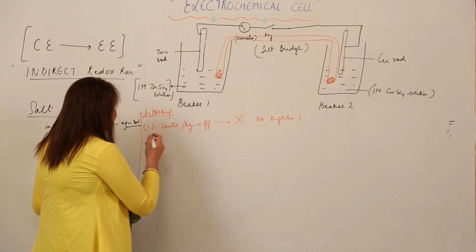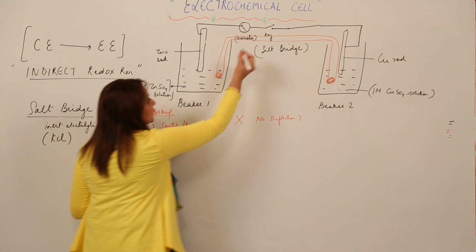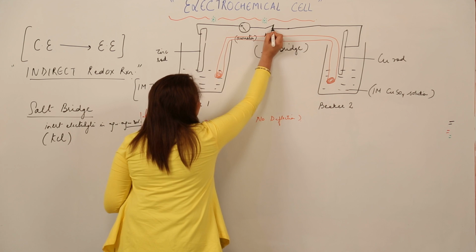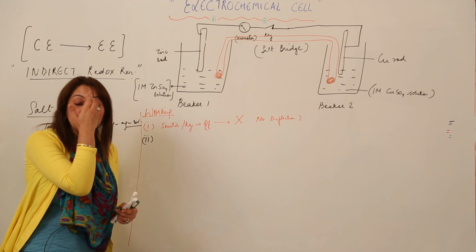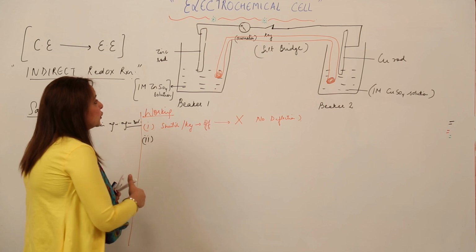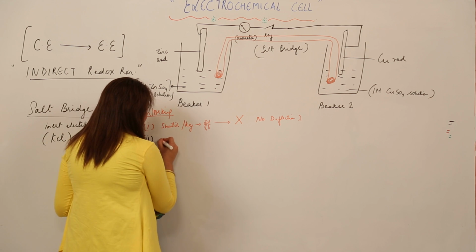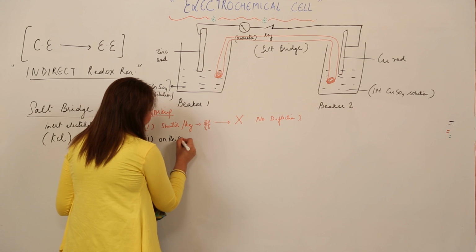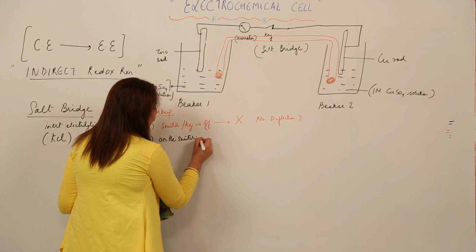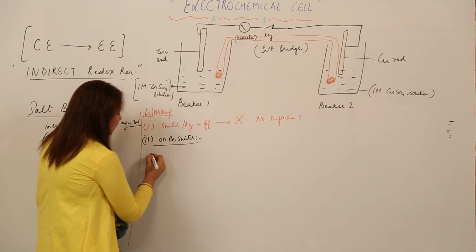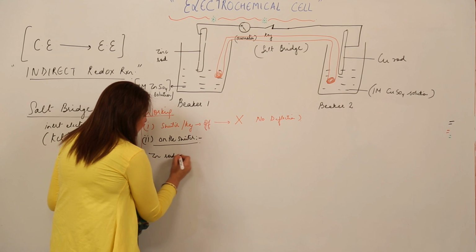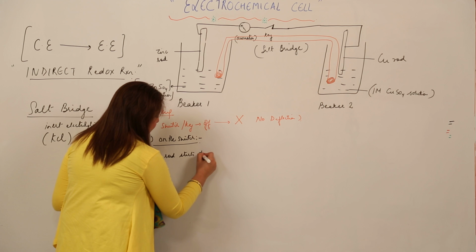Then we switch this on now. Look, I've just switched on this key. You can use the word key or the word switch. So what happened when we switched it on? We get to see that this zinc rod starts losing weight.